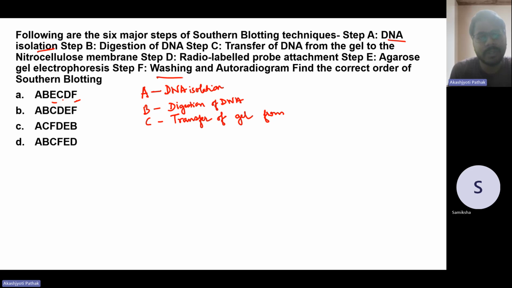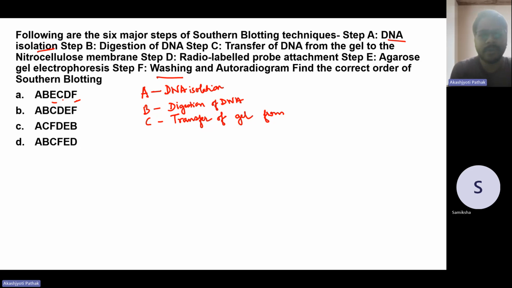So why do you need to do the washing step? To remove the unbound or non-specific binding of the probe to the DNA.